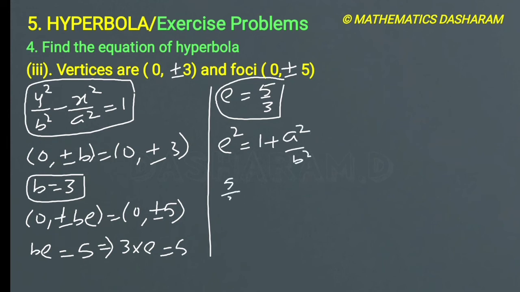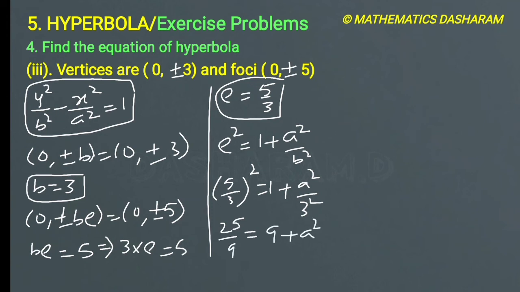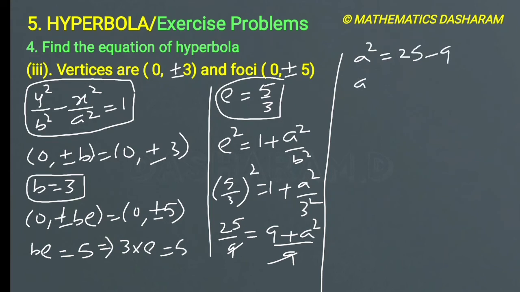So 5 by 3 whole square equals 1 plus a square over b square, that is 3 square. 25 by 9 equals 9 plus a square divided by 9. The 9s cancel. So a square equals 25 minus 9, which is 16. Then a equals 4 is the answer.